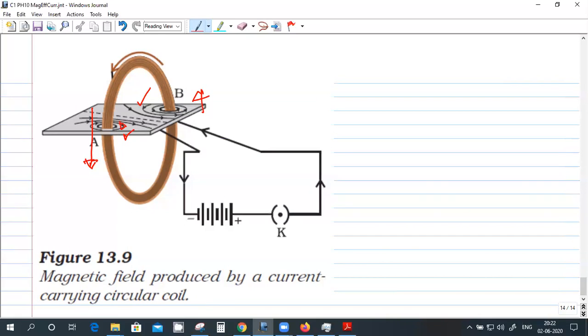If you want to find the magnetic field due to a circular loop, the four fingers should curl in the direction of the current. For example, the magnetic field lines here are in this direction, right? I can get that by the four fingers curling in this direction, and the thumb will be in this direction. This is the thumb.